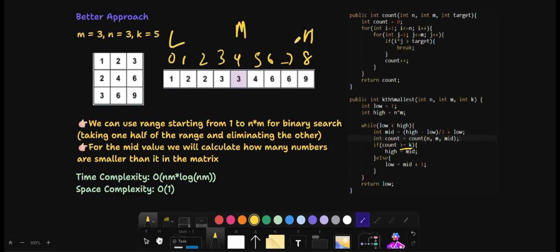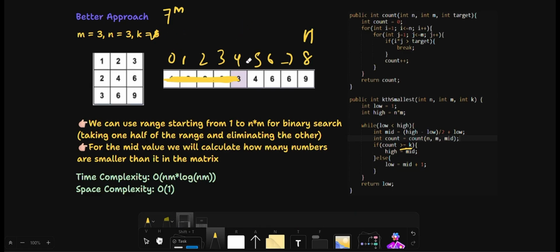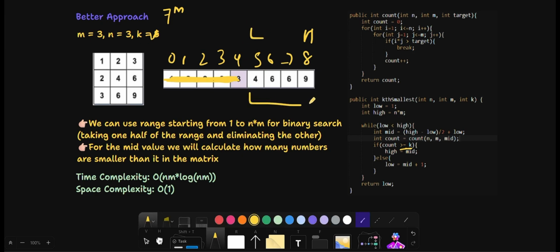Mid is the fifth element, but we need the seventh, so we'll directly eliminate this complete sub problem. We'll move left to mid plus one, and we'll directly search this particular sub problem.